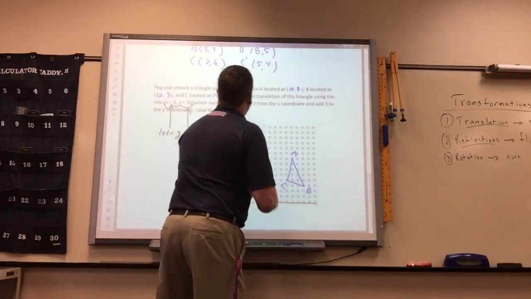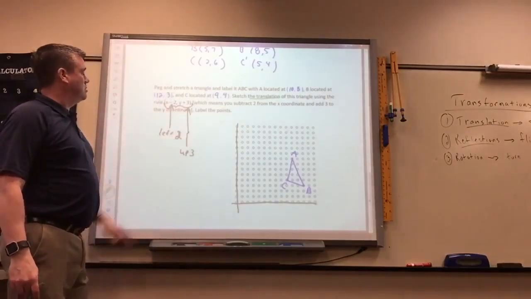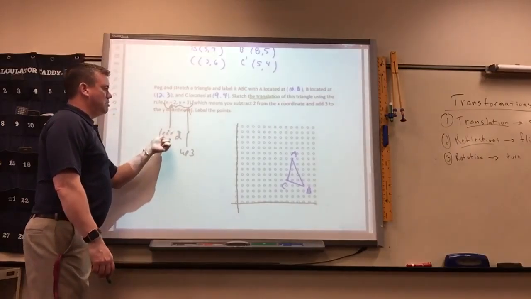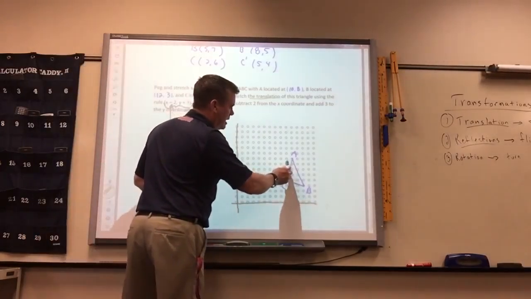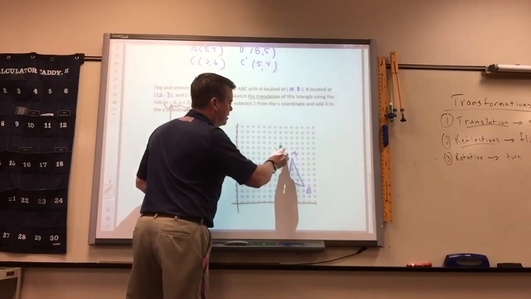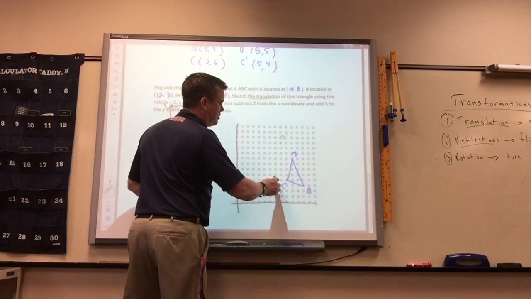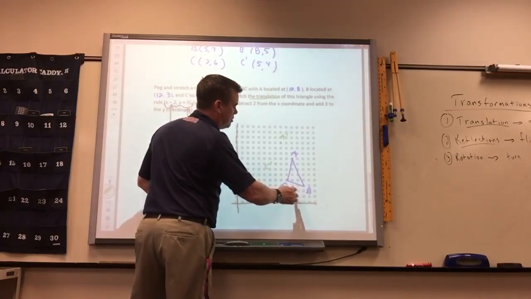Okay. And then you've got to sketch the translation using this rule and label the points. So all it does, x minus 2 means it moves left 2, y plus 3 means up 3. So A would go left 2, up 3. So there's A prime. C is left 2, up 3. B is left 2, up 3.